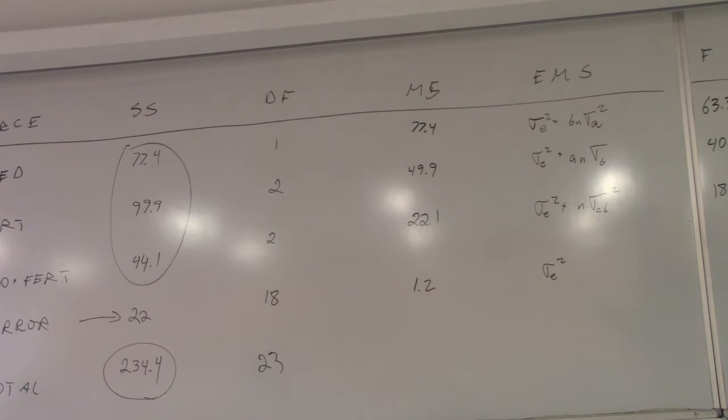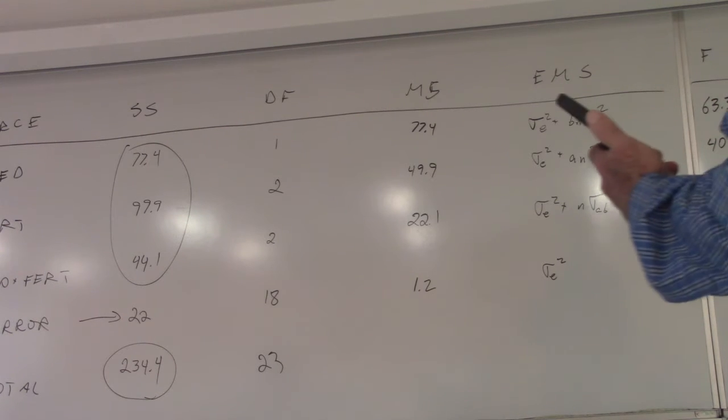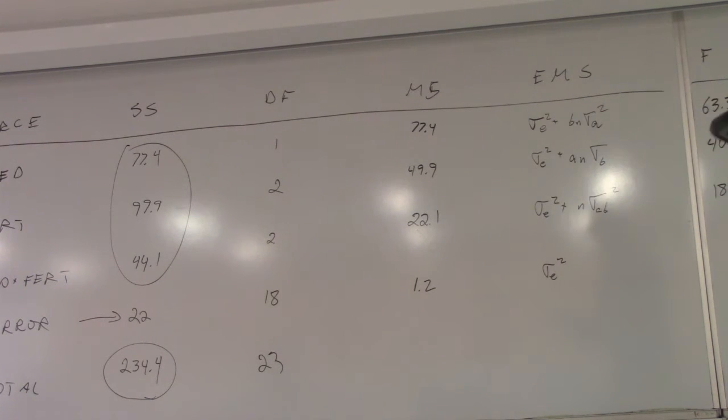All right, let's see what that is. We have 77.4 plus 99.9 plus 44.1. Okay, that's 221.4. I'm going to divide that by 234.4. Divided by 234.4.